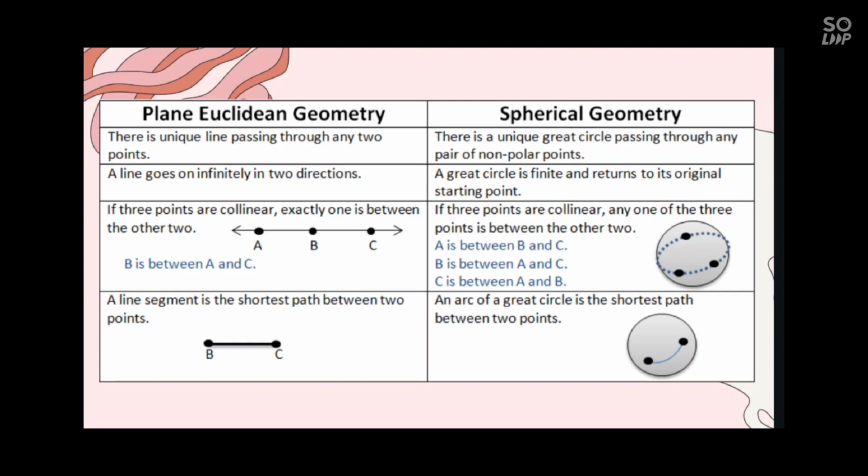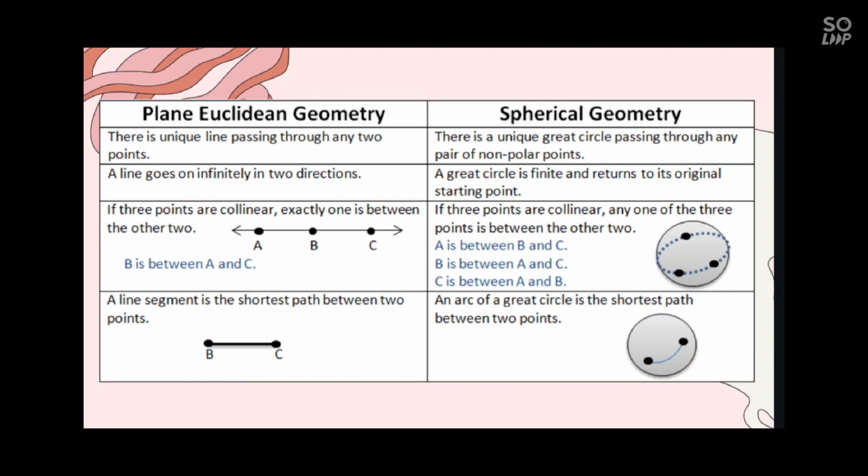If 3 points are collinear, exactly one is between the other two in plane Euclidean geometry, as you can see in my example. For example, we have points A, B, C. B is between A and C. In spherical geometry, if 3 points are collinear, any one of the 3 points is between the other two.